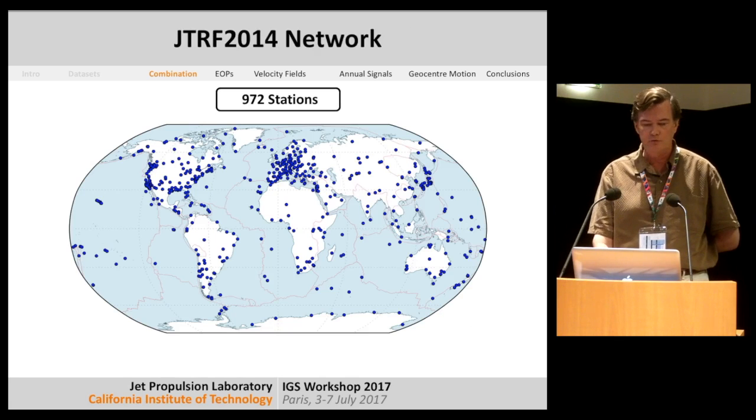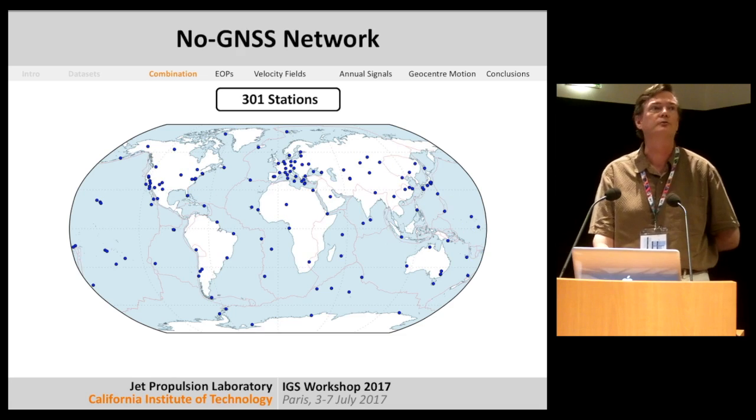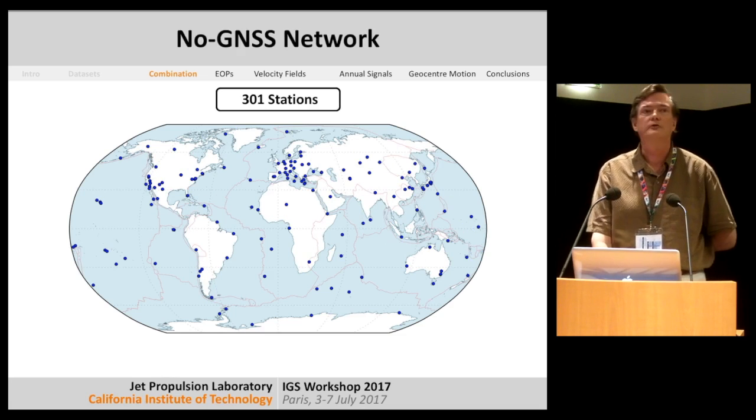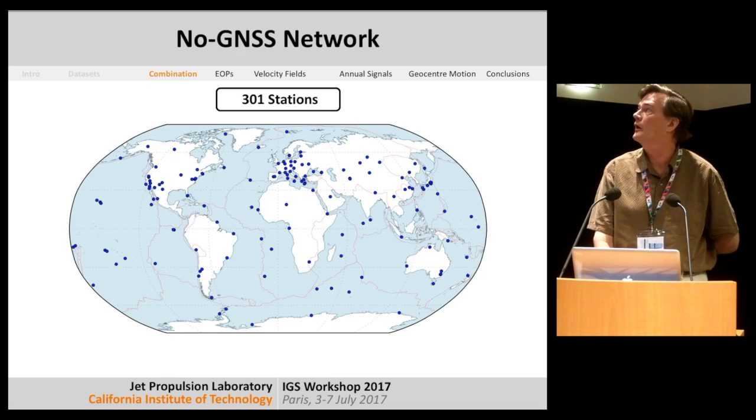And if we remove the GNSS data, we're left with 301 stations. So there's 671 GNSS stations in JTRF 2014, which are not included in this no GNSS version of our frame. We still have a pretty good distribution globally, thanks to the strong DORIS network.